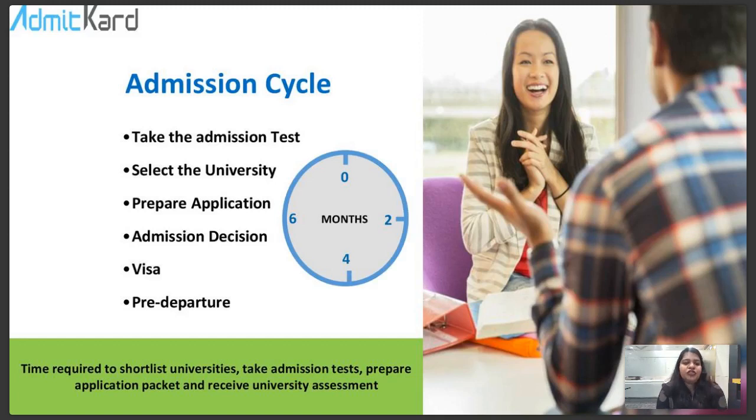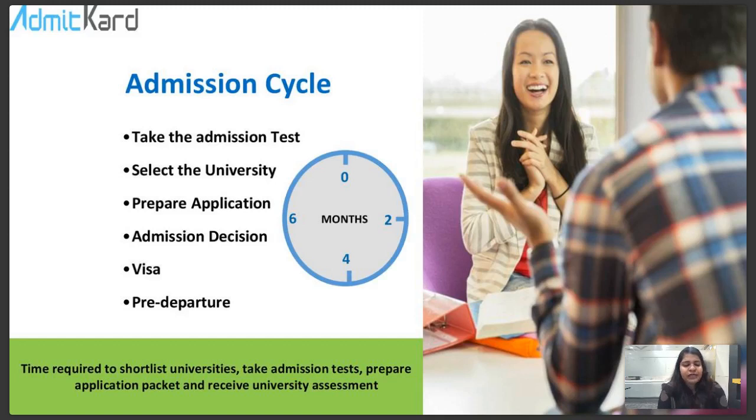Once you have taken the admission test, it is 10 to 12 months before the intake. So if you are planning for the fall 2020 intake, then right now is the right time to apply. That means you should be done with the test, you should be done with selecting the university, and you are preparing your documentation. Selection of the university is a very, very crucial point, not only in terms of getting admits or rejects, but also when it comes to your visa interview.